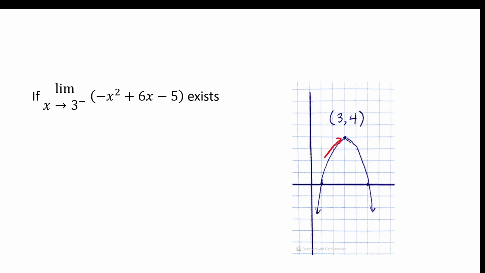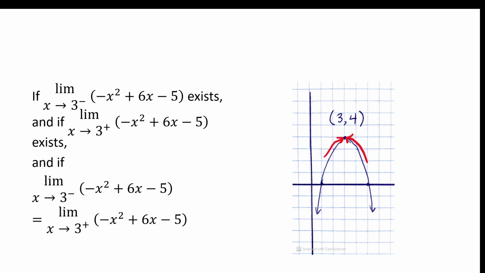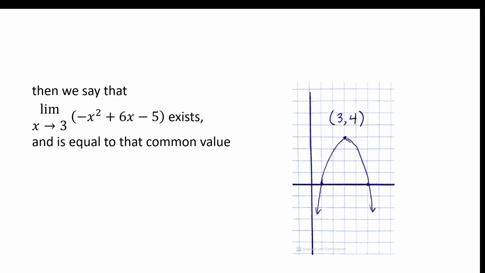So if the limit as x approaches 3 from the left of the function exists, and if the limit as x approaches 3 from the right of the function exists, and if those two one-sided limits equal each other, then we say that the limit as x approaches 3, with no qualification of from the left or from the right, exists and is equal to that common value.